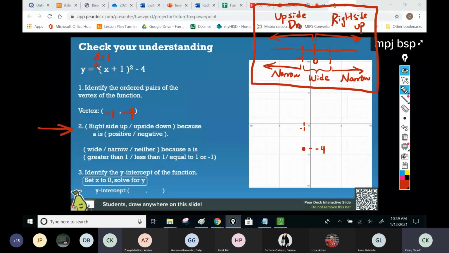So we are looking at A, and if we are missing a number, A is positive 1.